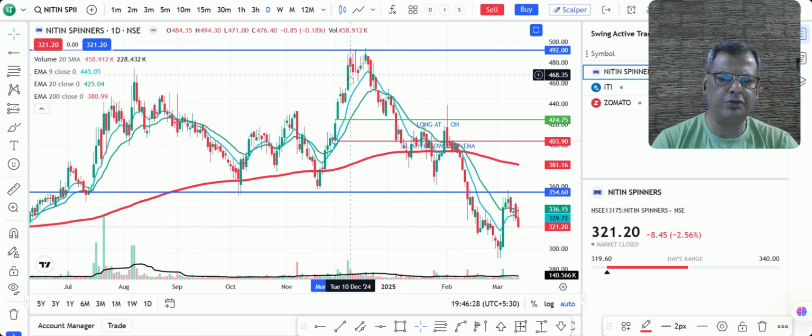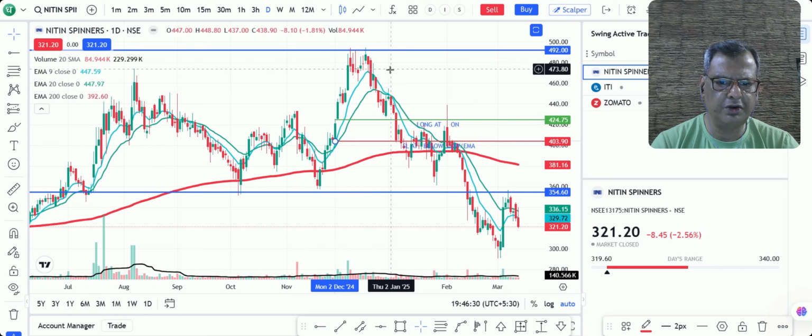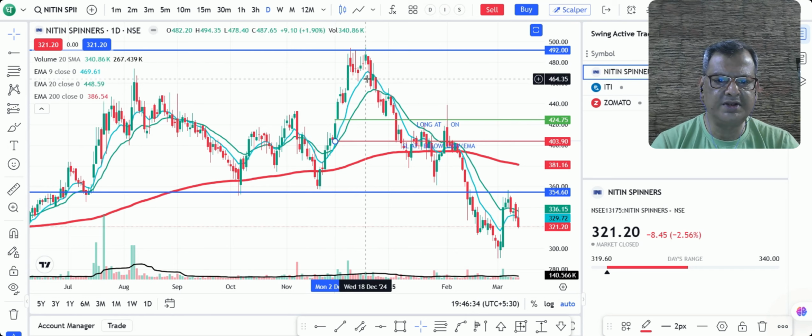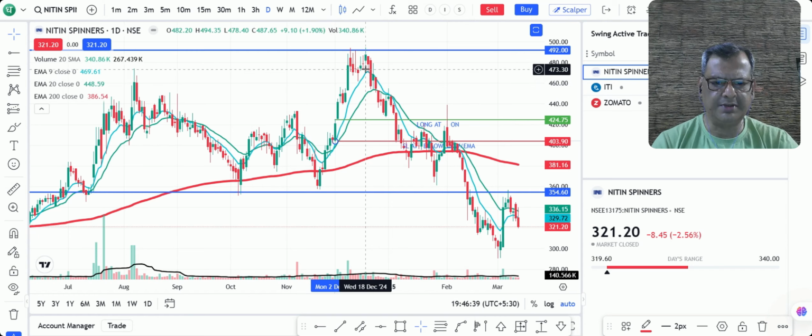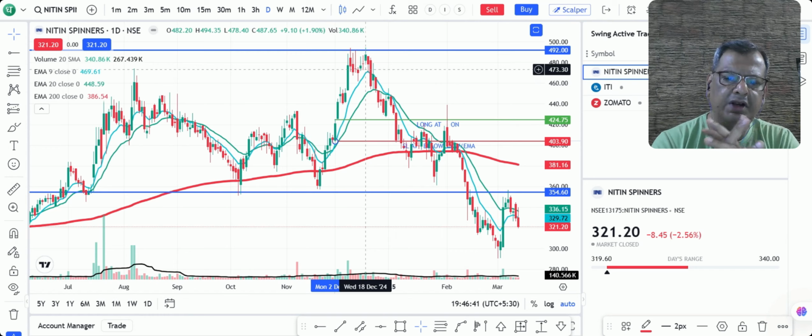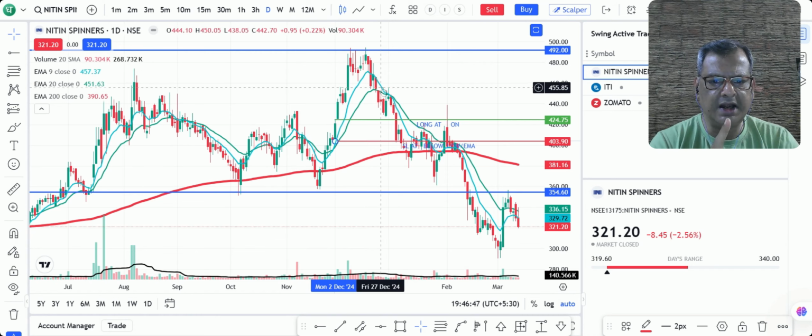And if you chose to trail your stop loss, you would have been taken out here. But if you want to exactly follow the crossover strategy, which is not advisable, but some YouTube videos will tell you to buy when the 9 crosses above the 20 from below and sell when the 9 crosses below.